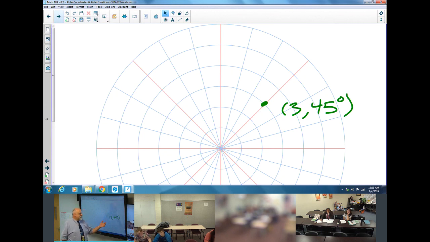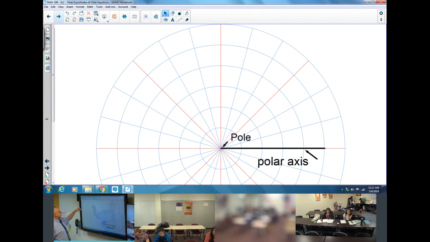And so this is what a polar coordinate looks like. It's not an XY value, it's a range and an angle. So you go up 45 degrees and then you go out 1, 2, 3 circles, 3 radii. The center point is called the pole, like the North Pole, and the positive x-axis is the polar axis.